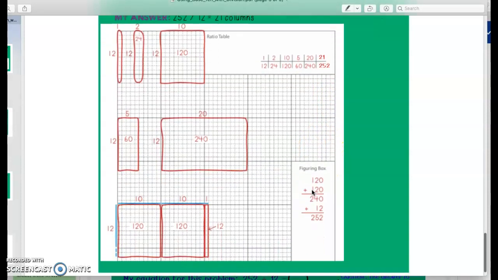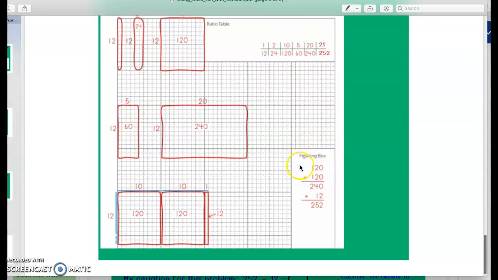Something you can do in the figuring out box is write your answer. So notice down below some work that I've done previously. I did 120 plus 120 and I got 240. Well, I know 120 is 10 groups of 12.